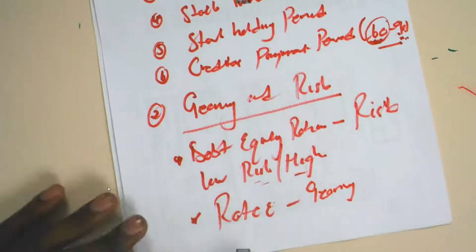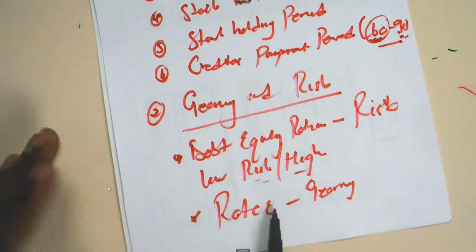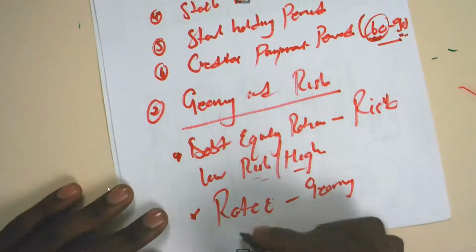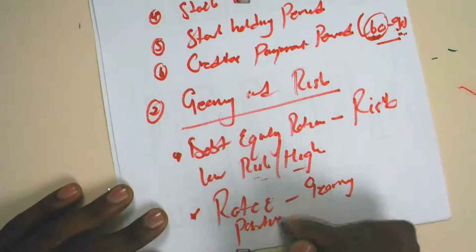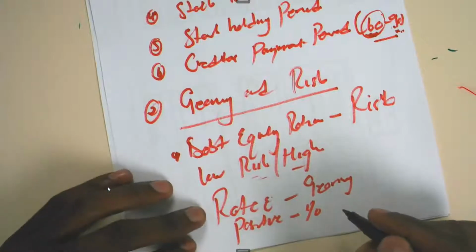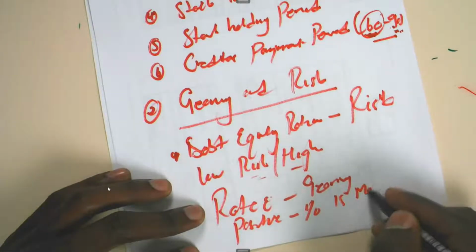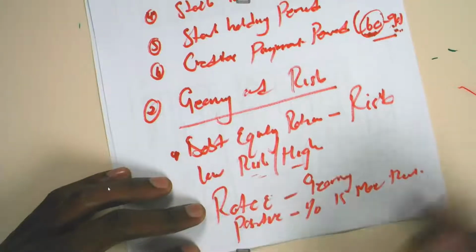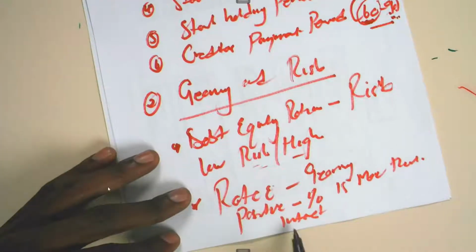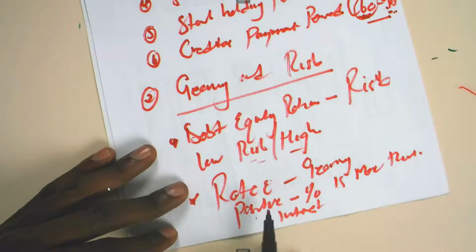We are only going to have a positive or a negative gearing in the company. We are going to have a positive gearing only if the percentage that we get from ROTCE is more than the interest rate. If it's more than the interest rate, then this company has a positive gearing.